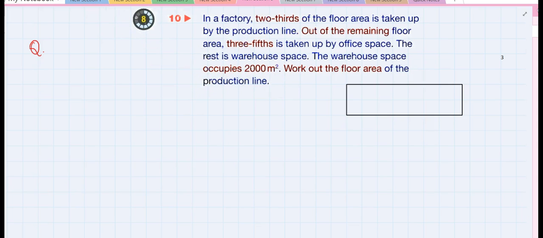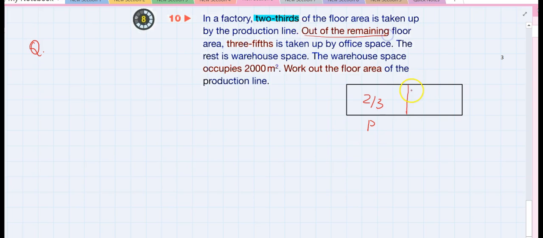Now this question is having the factory having 2/3 of the floor area which is taken up by the production line. So let's say this is a 2/3 area. This is taken up by the production line. Now this is very important here.